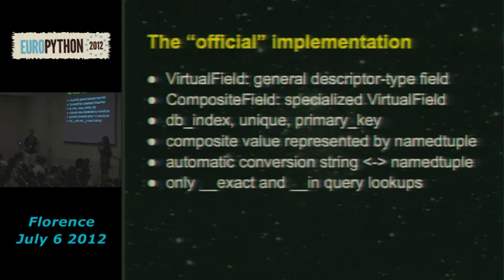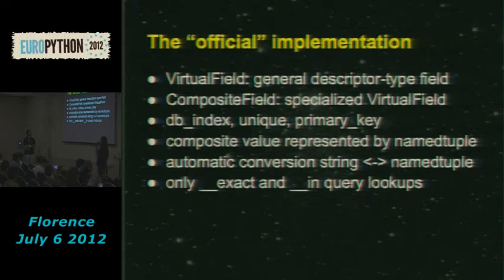Okay, so now let me talk about my implementation, the kind of official one. So as I said before, I created a virtual field. This field acts basically as a general purpose descriptor type field, which doesn't necessarily have to be backed by the database.